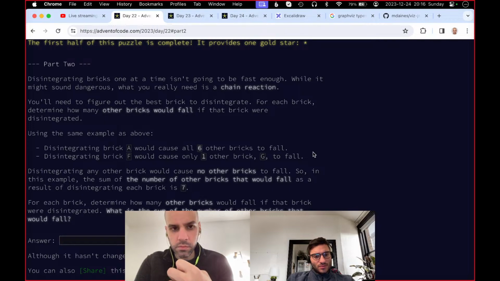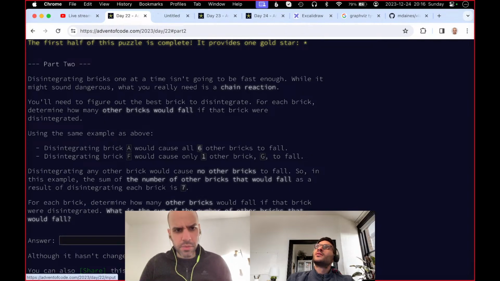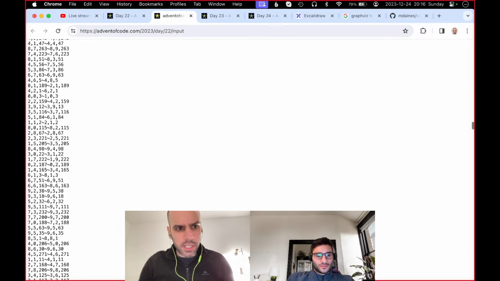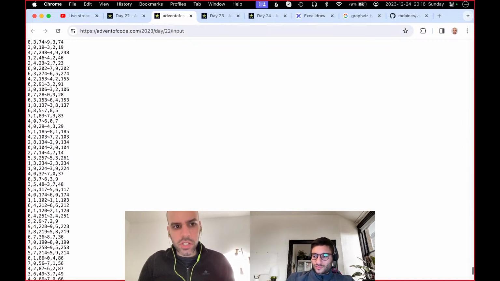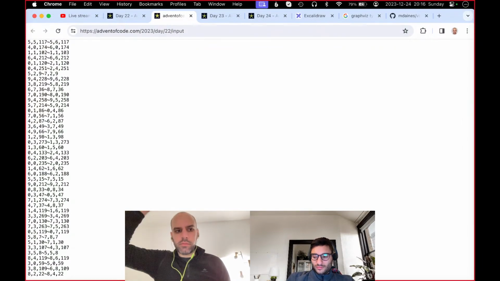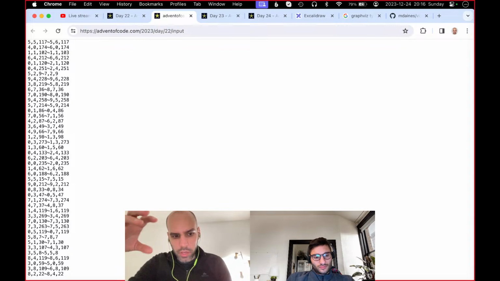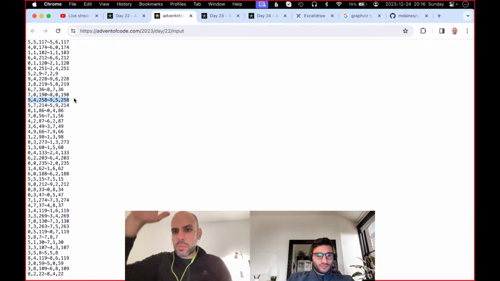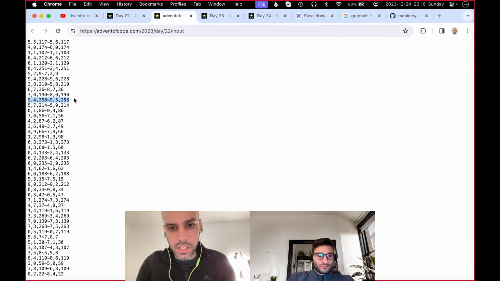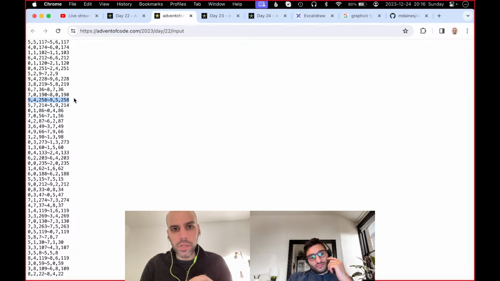Yes. That makes sense. How large is this input? Because there is a naive solution that perhaps is tractable, which is just we do the falling algorithm that we already know how to do. Then we remove one of the lines from the inputs and perform the whole algorithm again and check how many bricks are in a different position now because of the elimination of this brick.